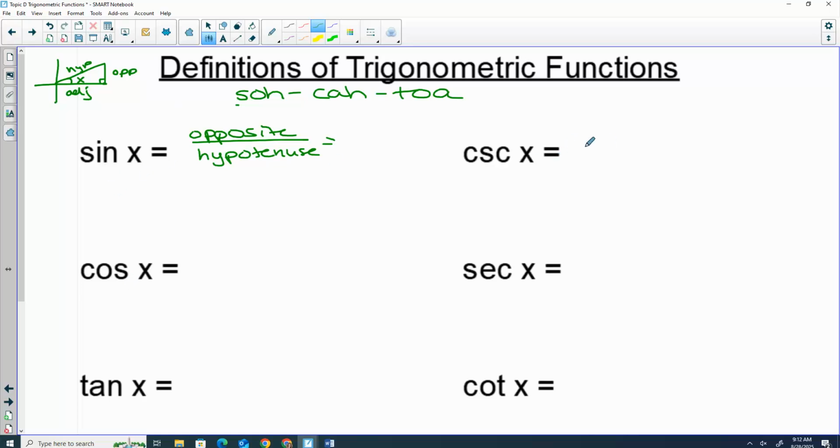And cosecant is the reciprocal of sine. So it's just if you flip it. Hypotenuse over opposite. What is cosine?